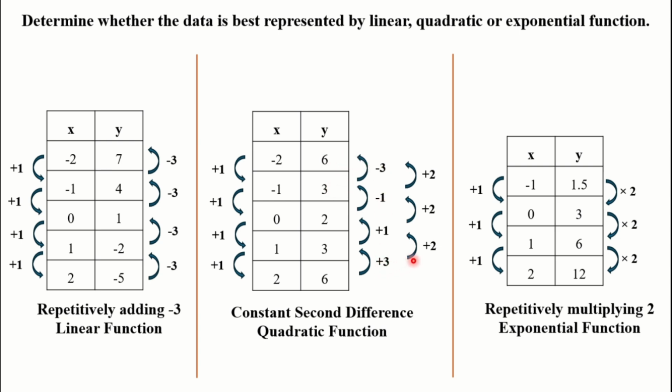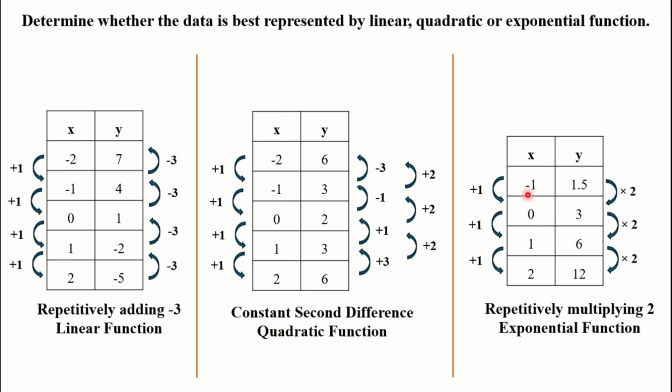Again we find the difference. 3 minus 1 is plus 2, 1 minus minus 1 is plus 2, minus 1 minus minus 3, that is minus 1 plus 3, is plus 2, which means constant second difference. This is the first difference and second difference. So here we can say that the quadratic function is best suited for this given data.